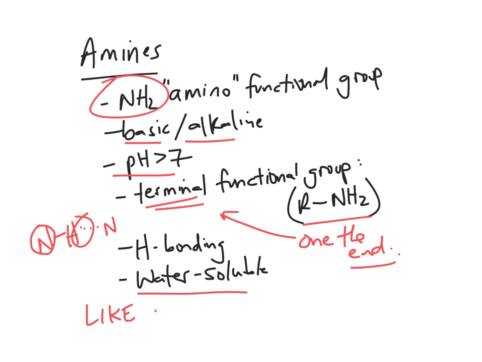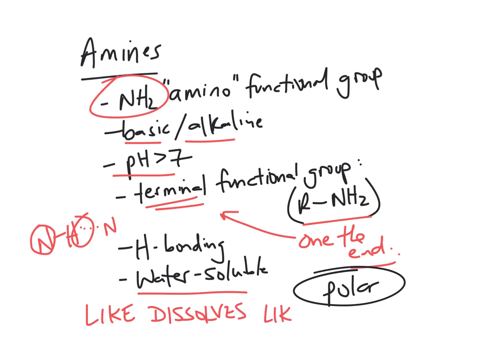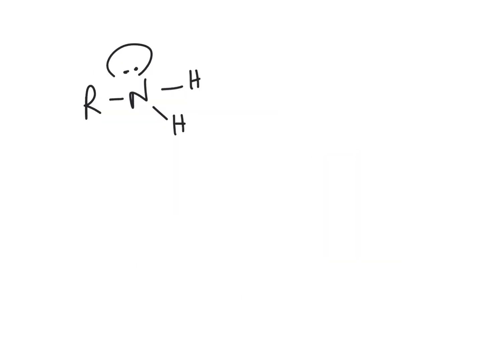So since water is polar, and they're polar, obviously, it will dissolve other polar molecules, especially small polar molecules like small amines. So we'll go through how to name them and how to draw them.